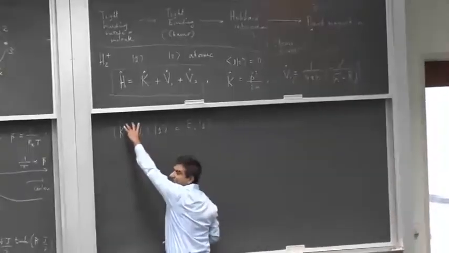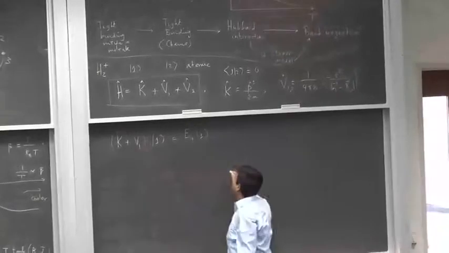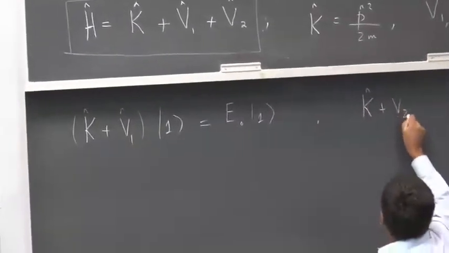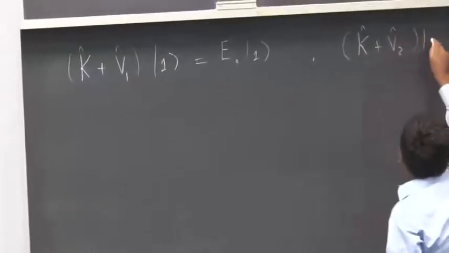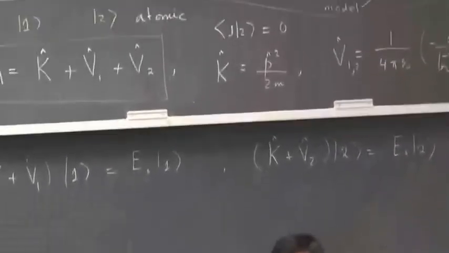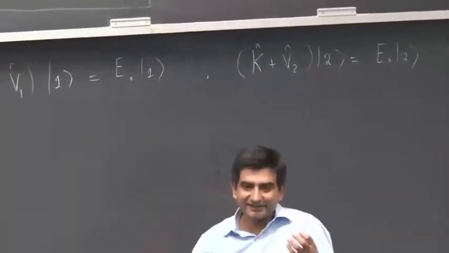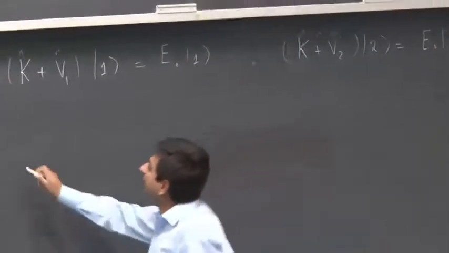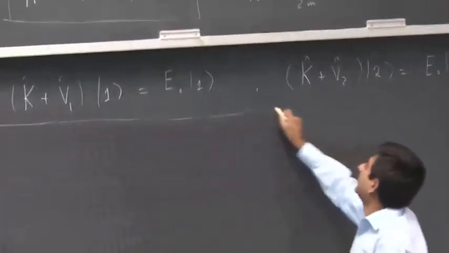This is just an atomic Hamiltonian. Likewise, K plus V2 acting on the second orbital gives us E0. The energies of the two atomic systems are identical. It's a homonuclear system. So this is something we already know; we are given this information.